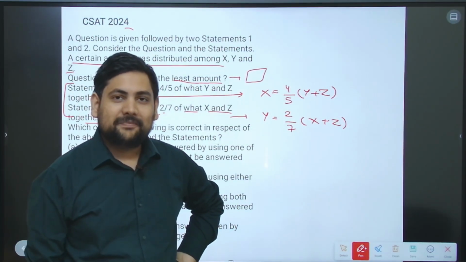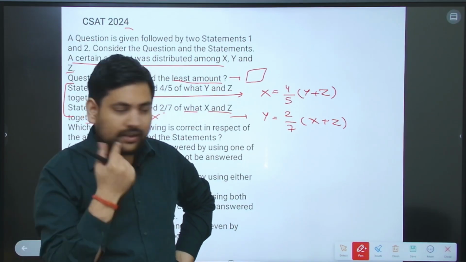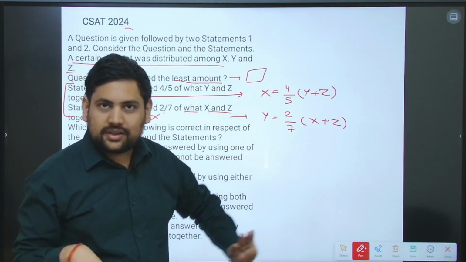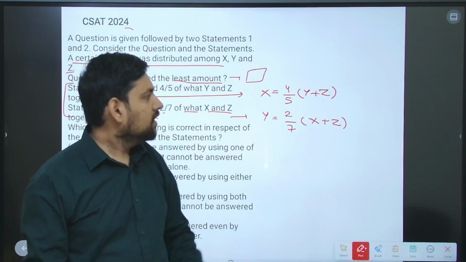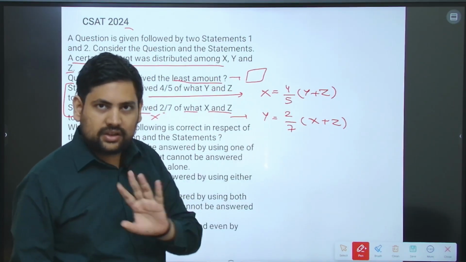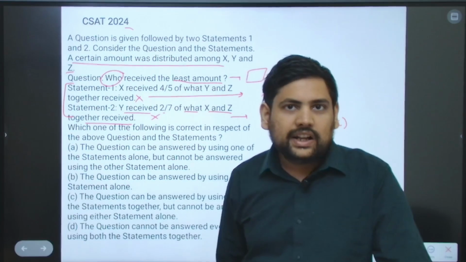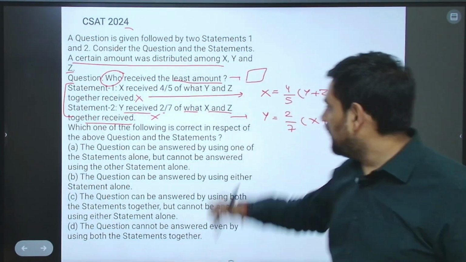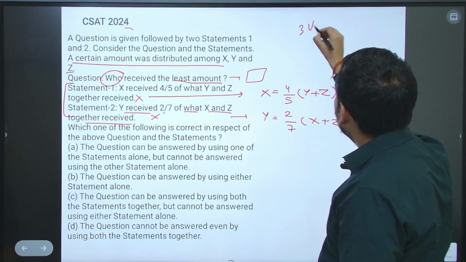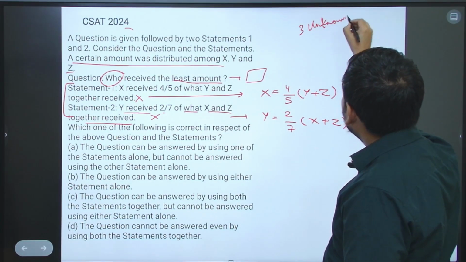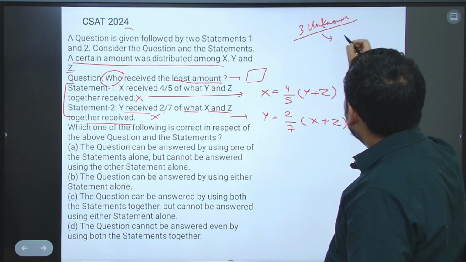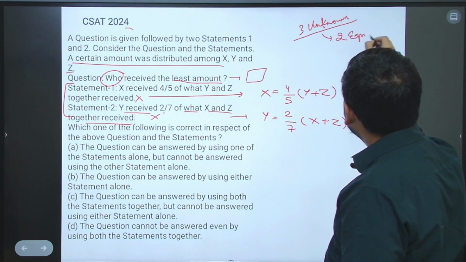See, basically, I'll solve it for you to get to the answer, but develop that intellect. So basically, there are two equations. Now, how many unknowns do I have? I have 3 unknowns and I have 2 equations.